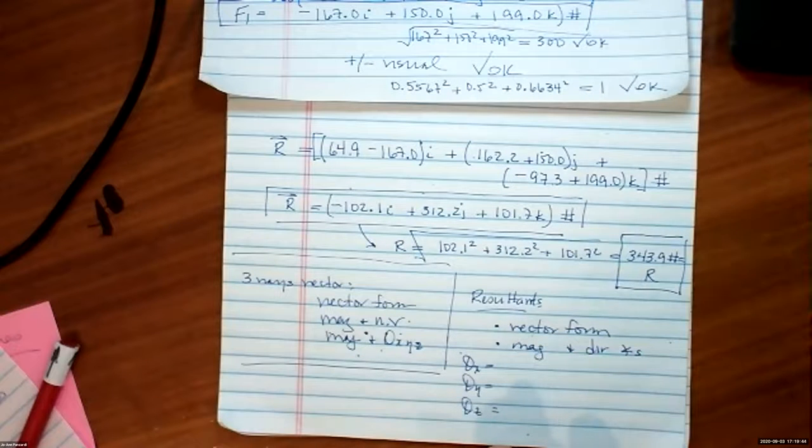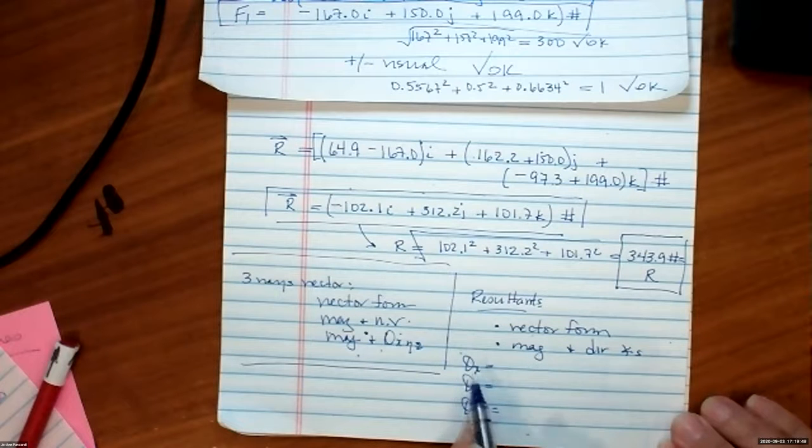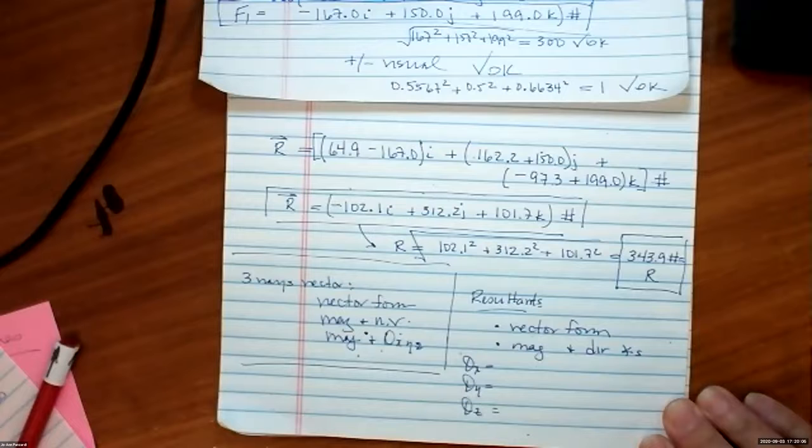So Jason with an O, how would I find, there's a couple of ways, how do I find what theta x is? Okay, Jason Lee. You can inverse cosine of the unit vector.